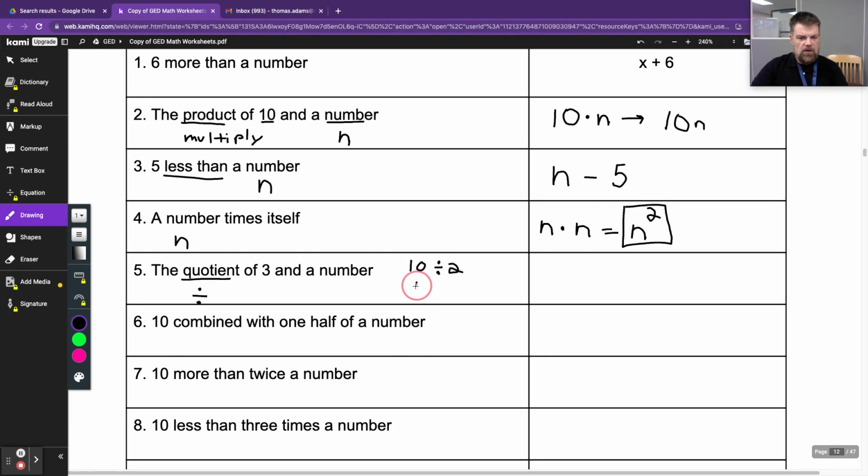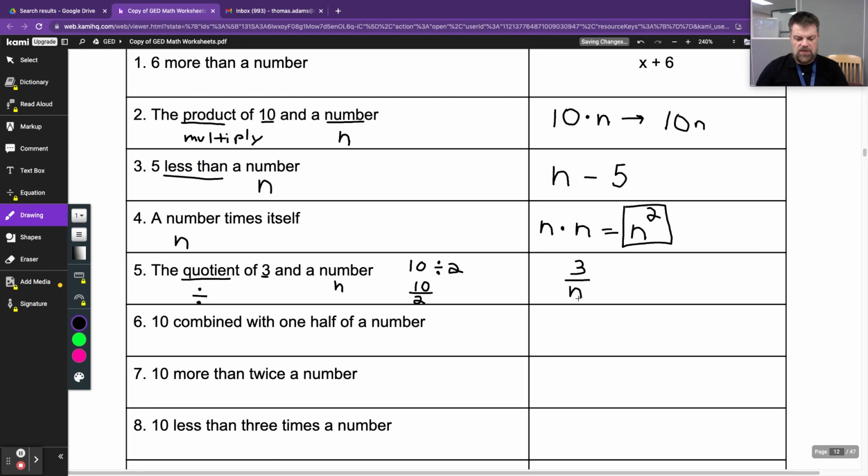But if we're in algebra, sometimes we could write it like a fraction, like this, 10 divided by 2. Those two things mean the same thing. So when they say a quotient of 3 and a number n, we go in the order that they write it. So in other words, 3 goes on the top and n goes on the bottom.